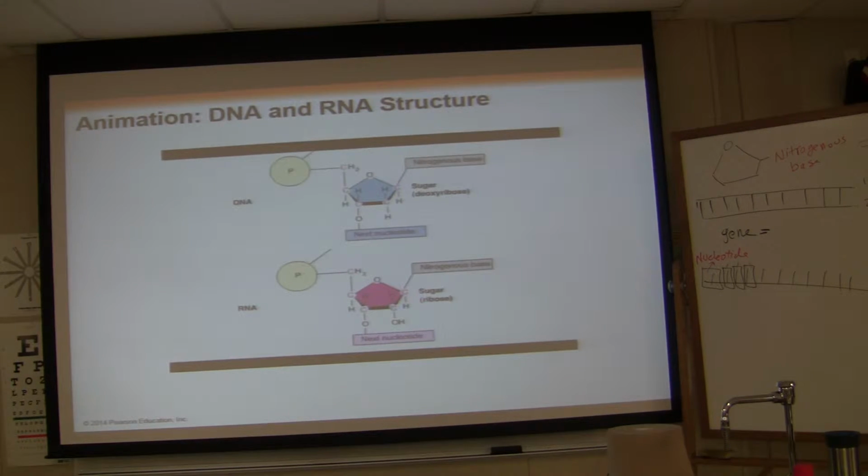For convenience, the carbon atoms in a nucleotide sugars are numbered beginning with the carbon atom bonded to the nitrogenous base, moving around the ring, and up to the carbon that is bonded to the phosphate group. The 1' carbon is bonded to the nitrogenous base, the 3' carbon to the next nucleotide, and the 5' carbon to the phosphate group.